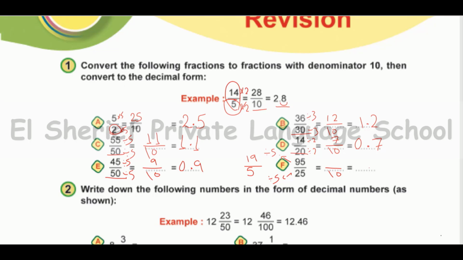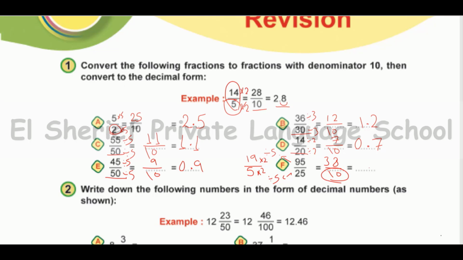Now the denominator equals 5. We can multiply by 2, so it becomes 10. Then multiply the numerator by 2 equals 38.